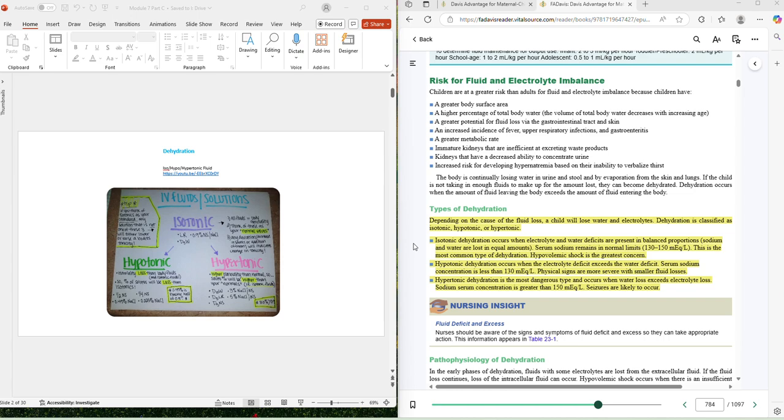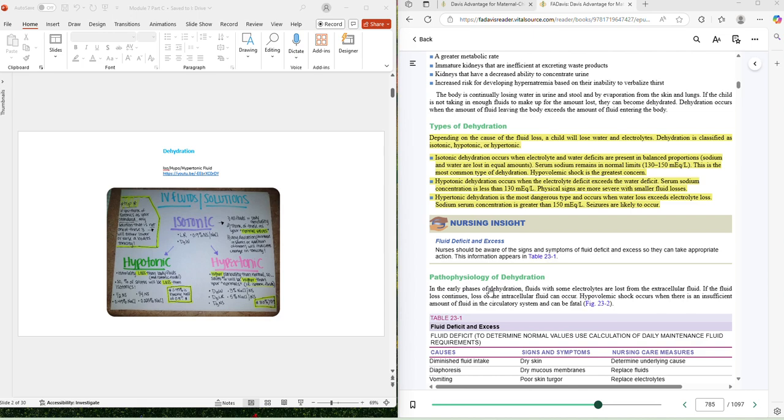A hippopotamus is big, right? And then hypertonic, think of a skinny person, a runner that's hyper, right? They're running around, they're skinny, they're tiny. So hyper is when you lose the water and have more sodium. Just a good way to remember it.